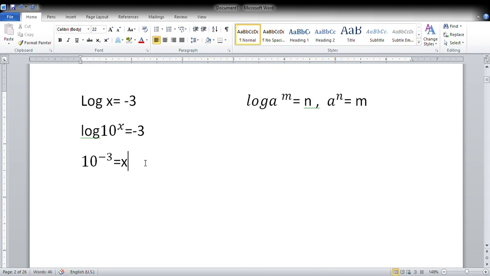That means if you want to get rid of this minus sign, you have to convert it.